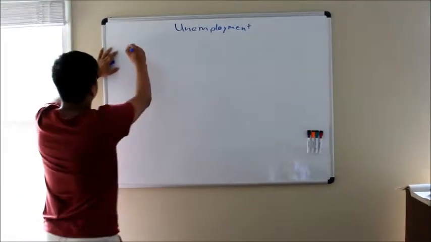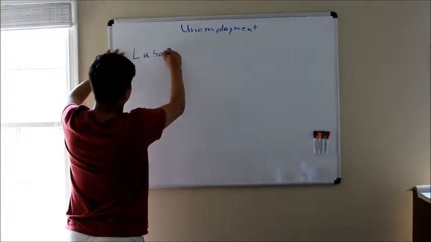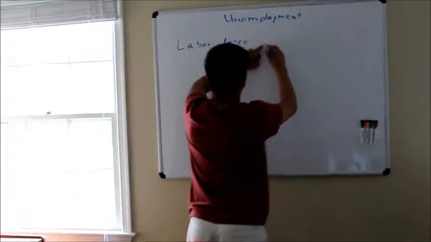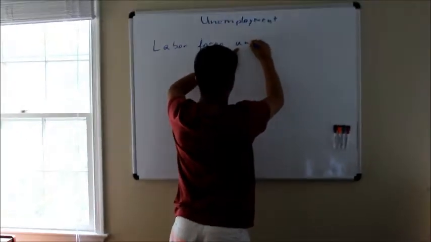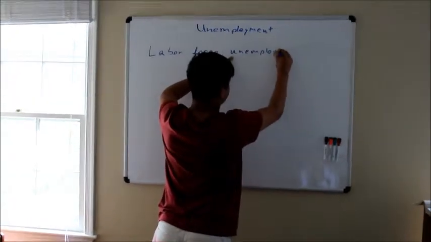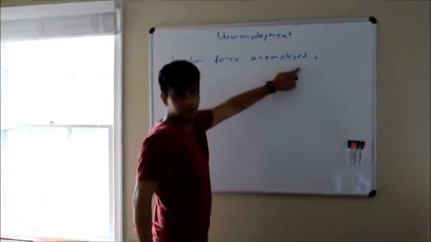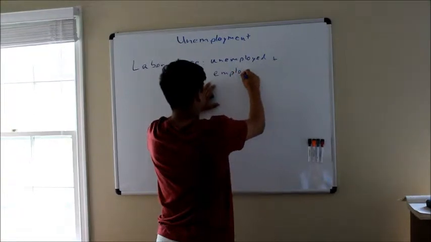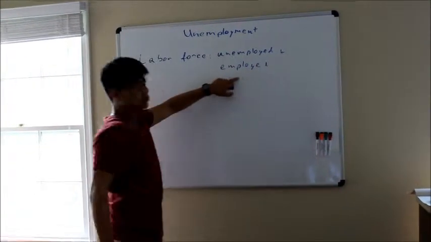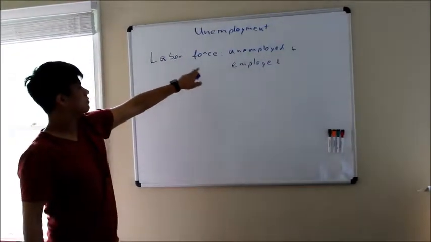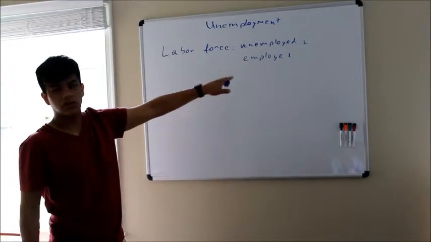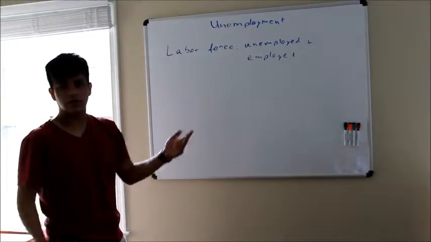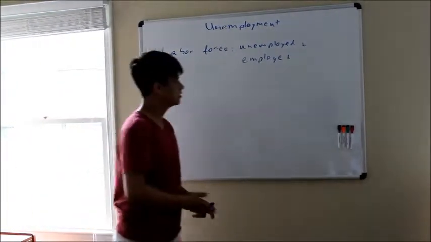The labor force is made up of the unemployed plus the employed. Discouraged workers don't count as a part of the labor force because they're not currently looking for a job, and therefore they don't count in the labor force.